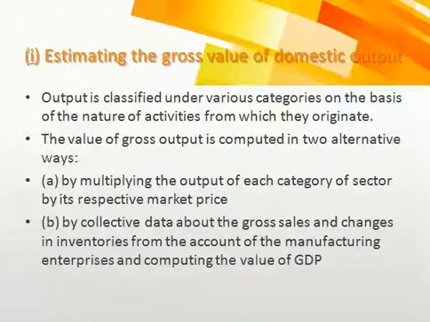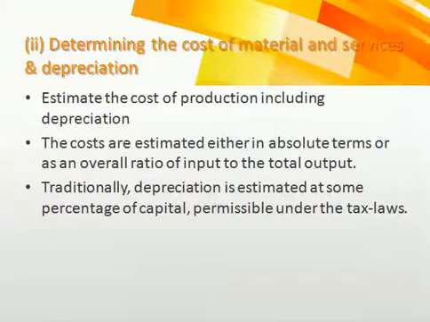So basically in this step, we are classifying the output under various categories in the various sectors, and then we are calculating this gross output by these two methods, A method and B method. Okay, the next step is determining the cost of material and services and depreciation. So in the first step, we have calculated whatever income we have generated in the period of one year.